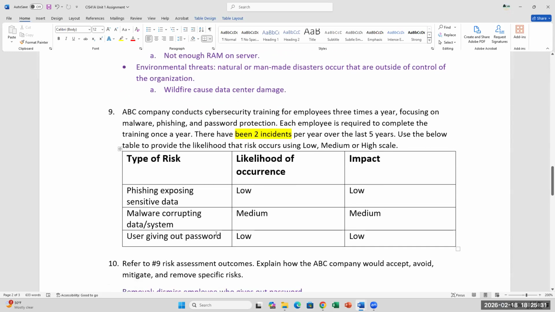And then the user giving out a password. I really feel that this and this are probably equivalent. So if you train your users at least 3 times a year, it's likely that they will not be falling for phishing and likely that they're not falling for giving out passwords, because of this 3 times a year.